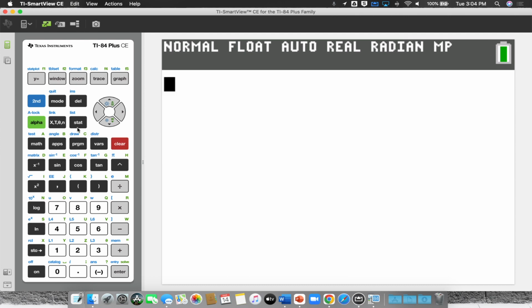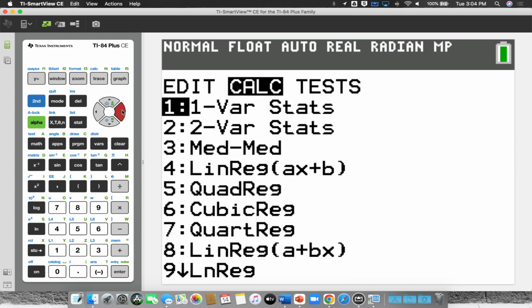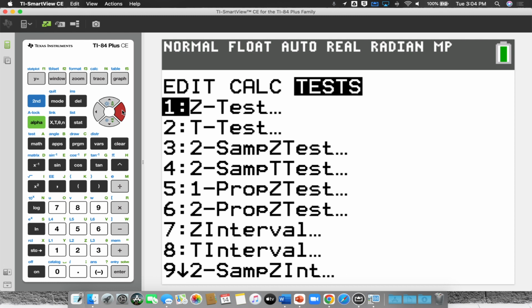The first 6 are tests. The first 2, 1 and 2, are one sample, and 5 is one sample. We don't want those, so we want 3, 4, or 6. And 6 is the only one that says proportion. That's the one we want.